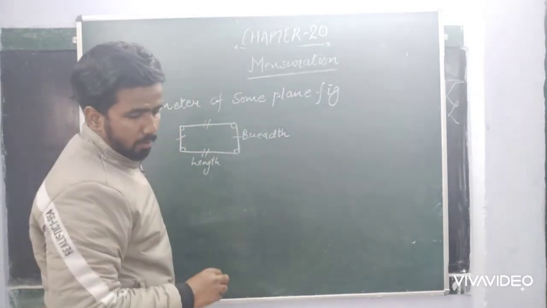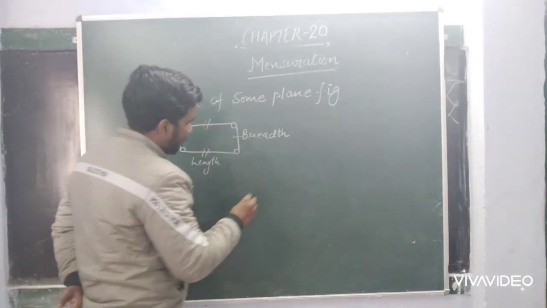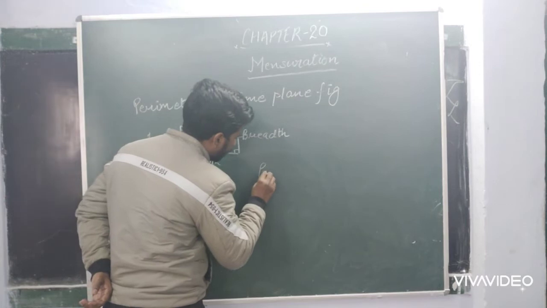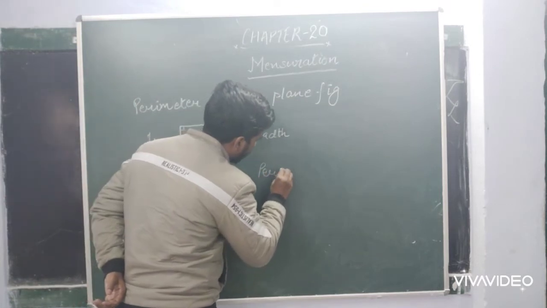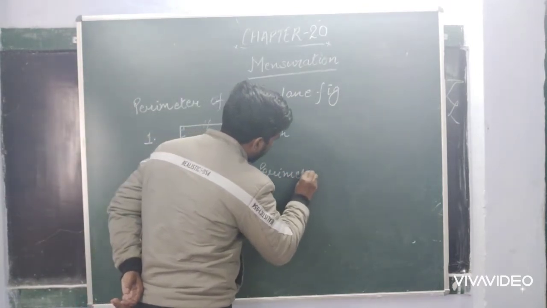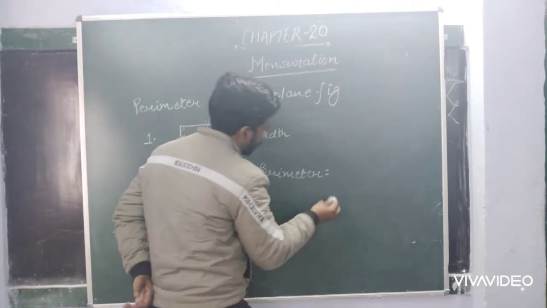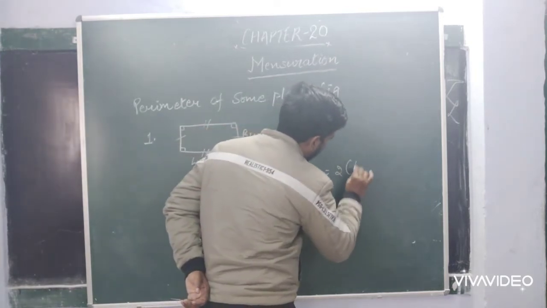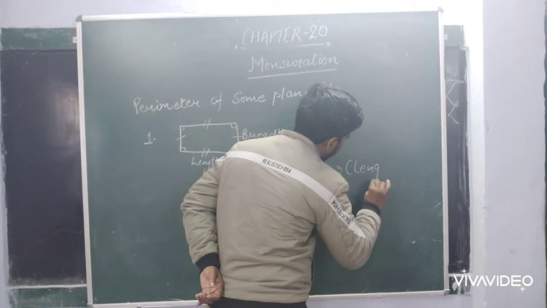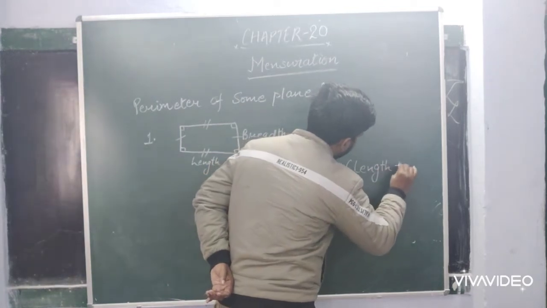So the formula will be perimeter equals twice of length plus breadth.